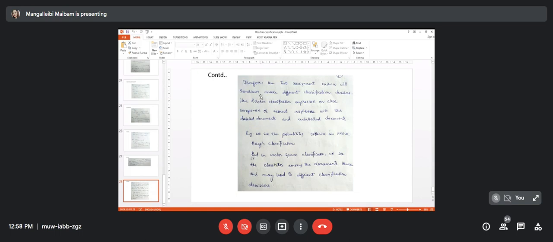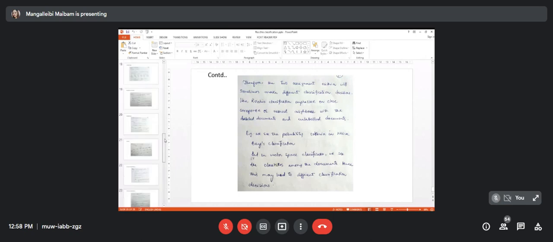So sometimes, according to the classification method you choose, the assignment of the classes may be different. Rocchio classification gives more importance to correspondence or nearest neighbor with the labeled documents and unlabeled documents.